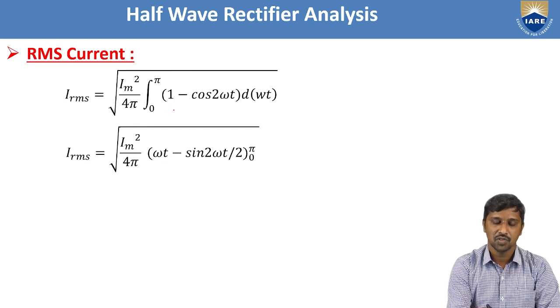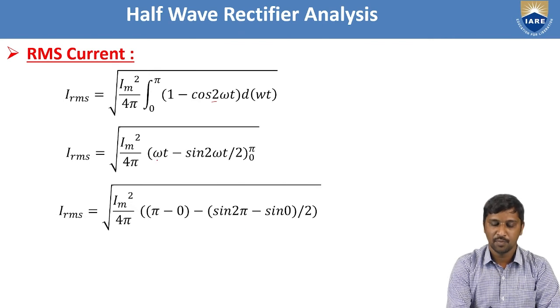The integral of a constant with respect to omega t is omega t. The integral of cos 2 omega t is sin 2 omega t by 2, so the 2 is here. Then apply the limits 0 to pi. For omega t, the limits are pi and 0.